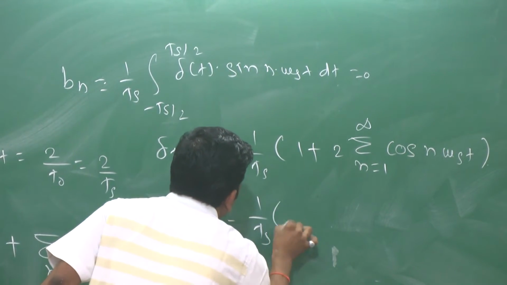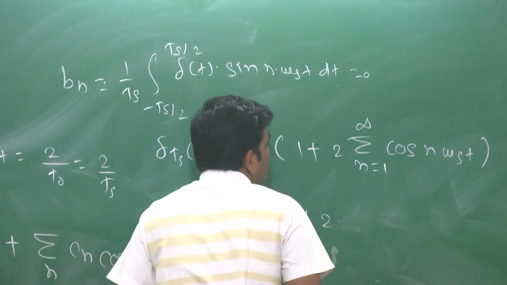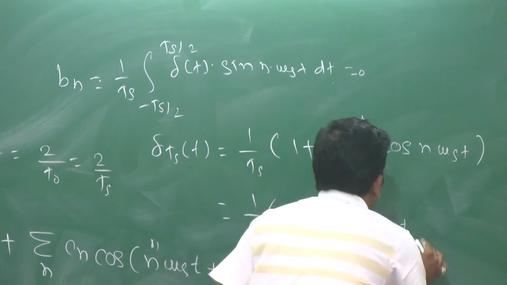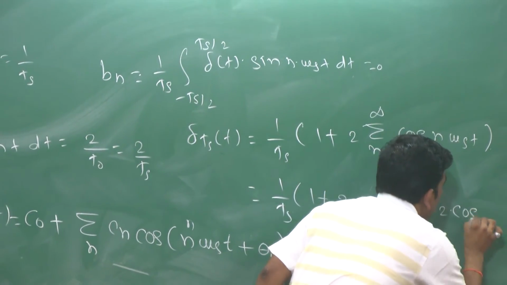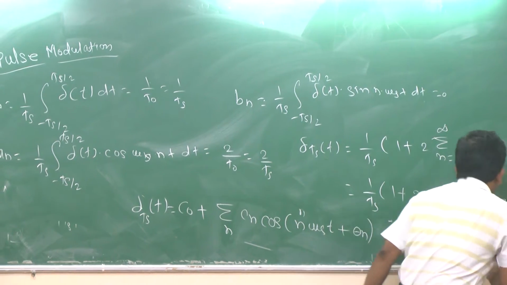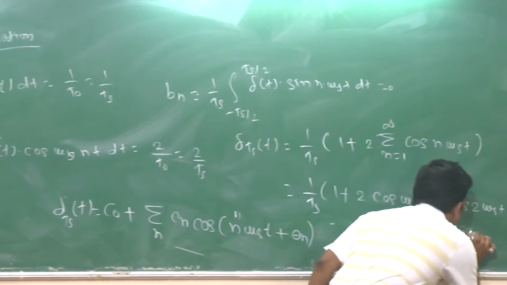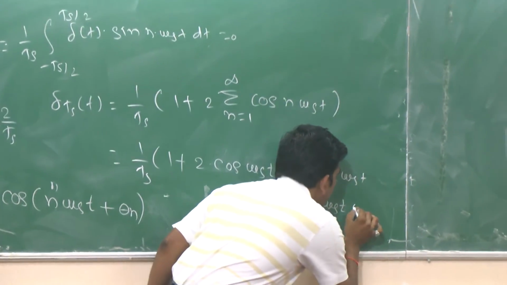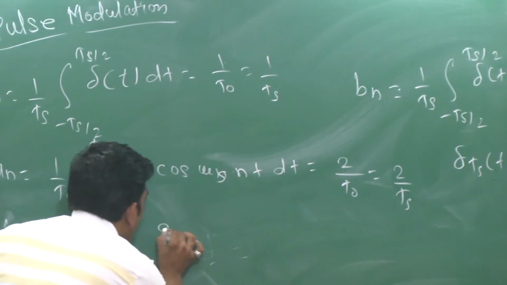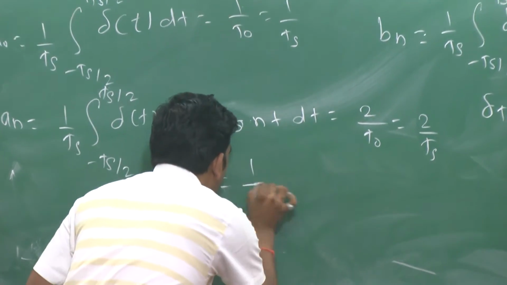So 1 by Ts times 1 plus 2 into cos of omega s t plus 2 into cos of 2 omega s t, and so on, multiplied with g of t.